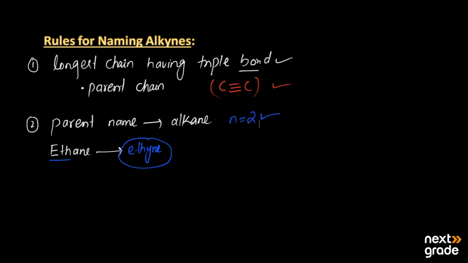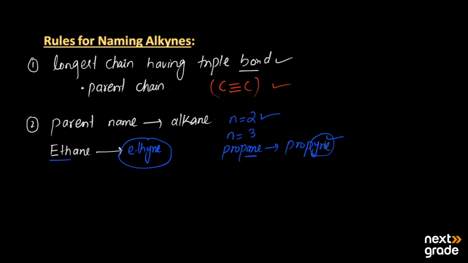On the other hand, if the number of carbon atoms is 3, then the alkane is propane, but the alkyne is propyne. We simply change the ane of the alkane into yne, that is Y-N-E. So this is the second step for naming the alkynes.